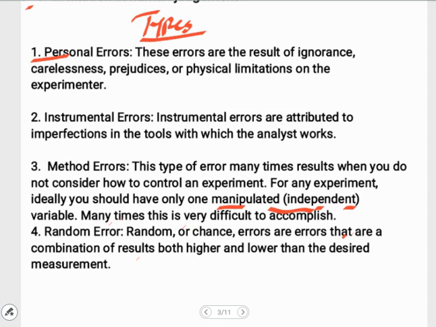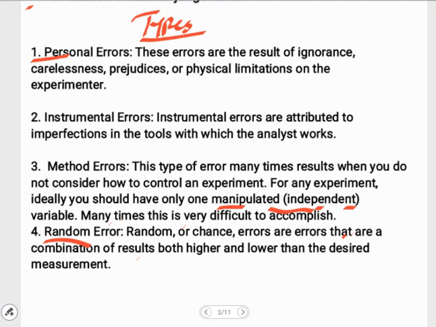So if you want to give an additional error, you can have the random error. The random error or chance error, as the case may be, is the combination of results both higher and lower than the desired measurements.